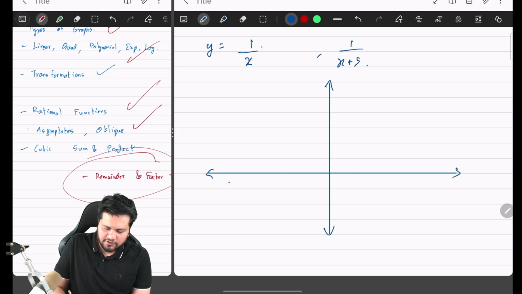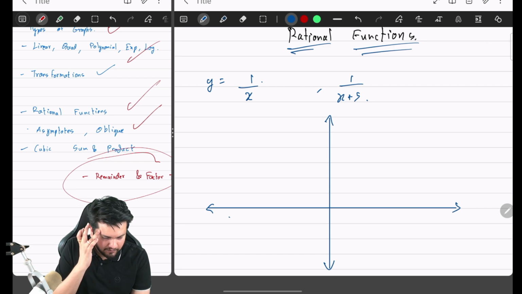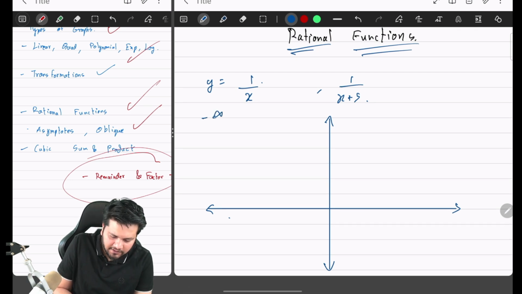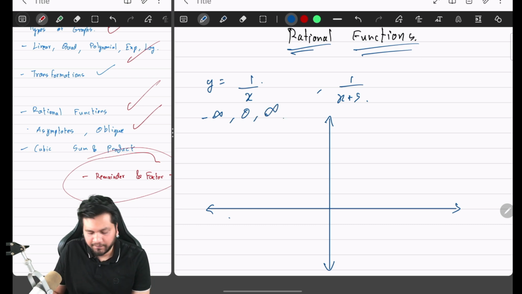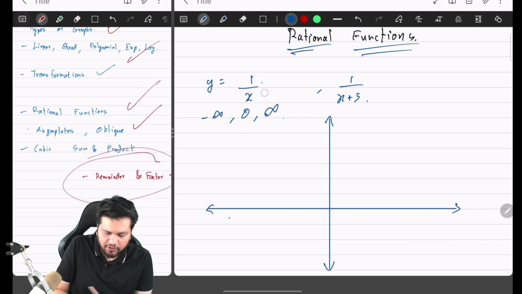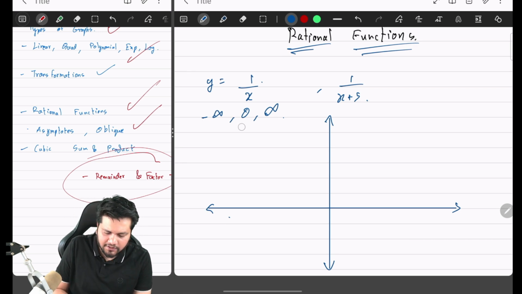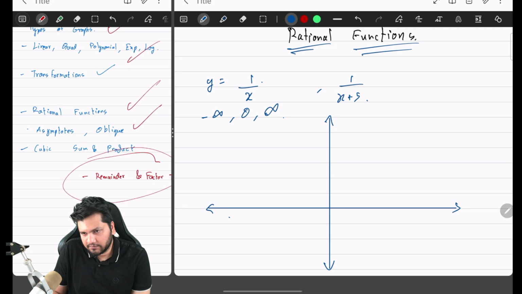Remember, even when I talked about the domain and range of these functions, I said to consider three values: minus infinity, 0, and then infinity. You will get an idea about the range from that. In 1 by x, you can put all the values of x except for 0, because we cannot have 0 in the denominator. But even if you put it, you can see that it will go towards infinity, positive or negative, that depends.